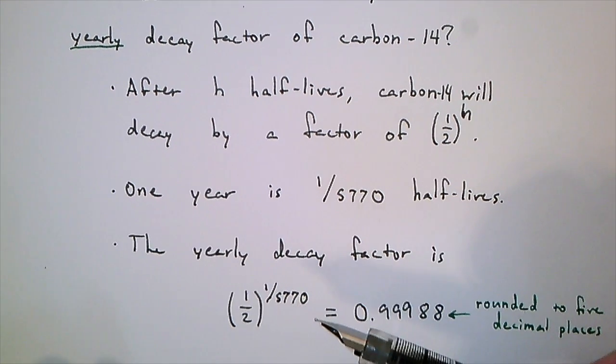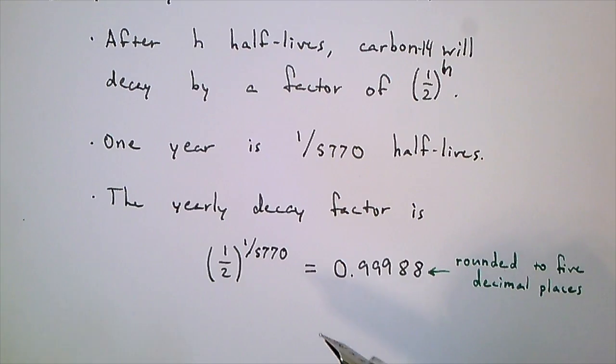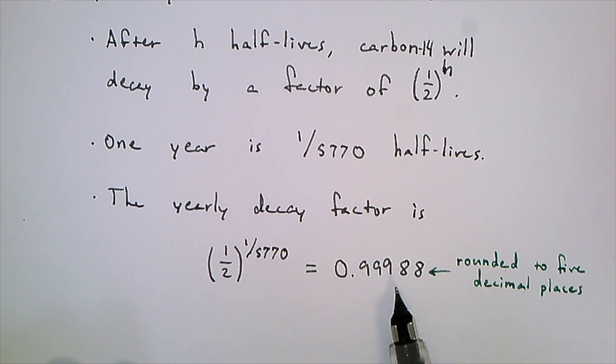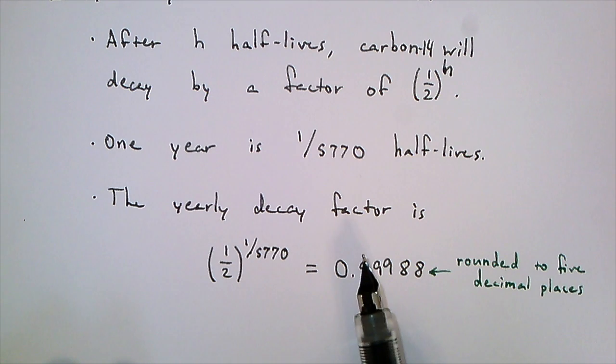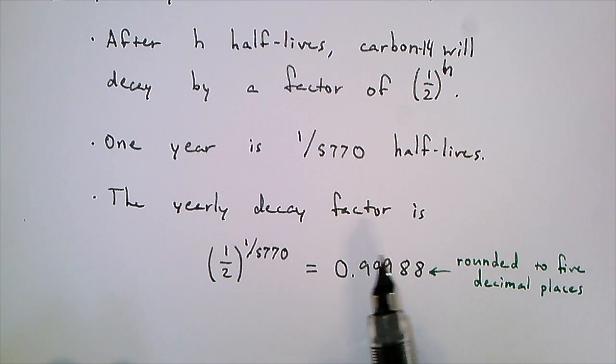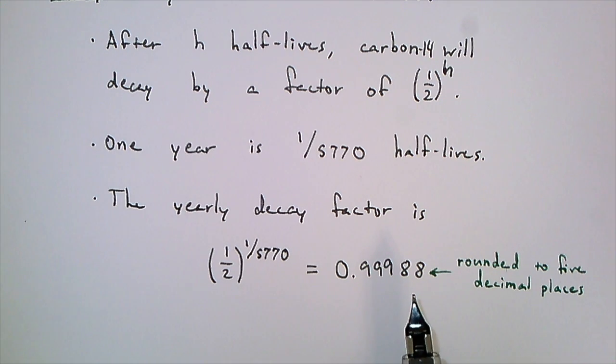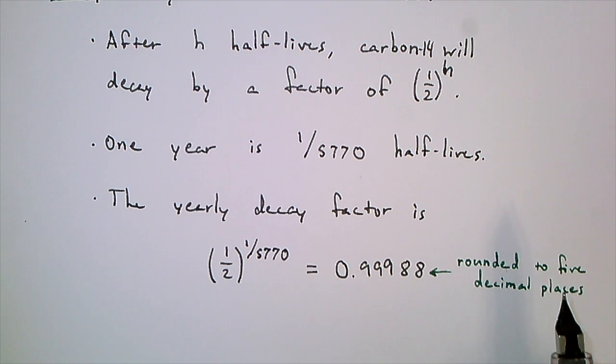So that's what I've done down here. And then I put this number in the calculator, and we get this. So it's very close to 1, 0.99988, but not quite. So that means after each year, there's just a little bit less carbon-14 left over. And I've rounded this to 5 decimal places.